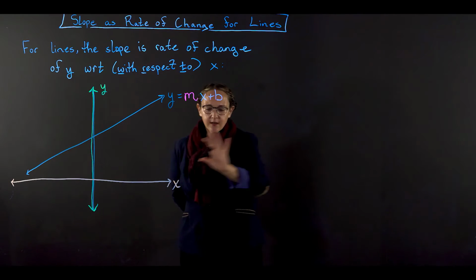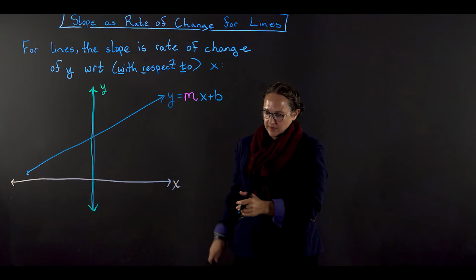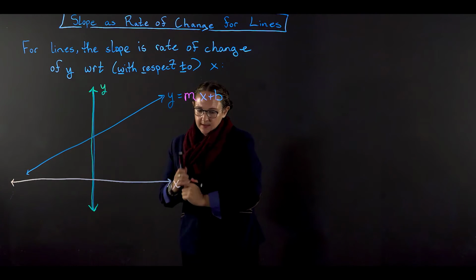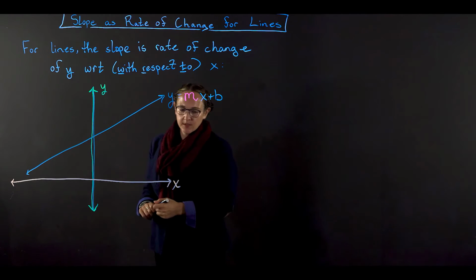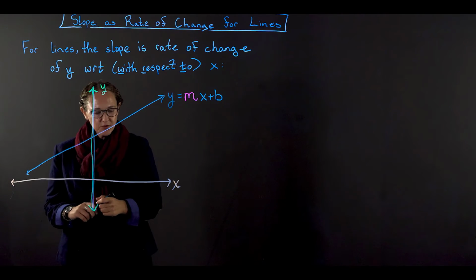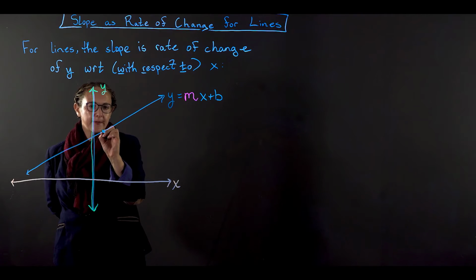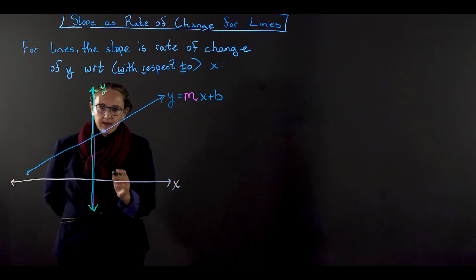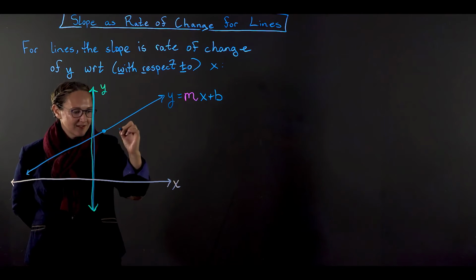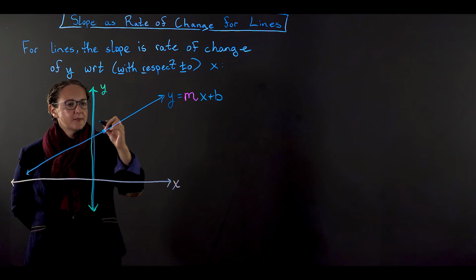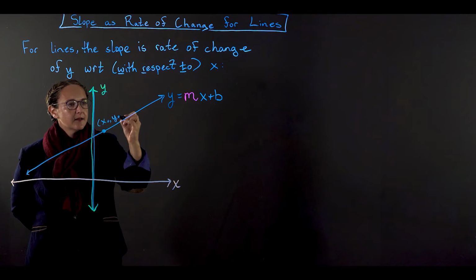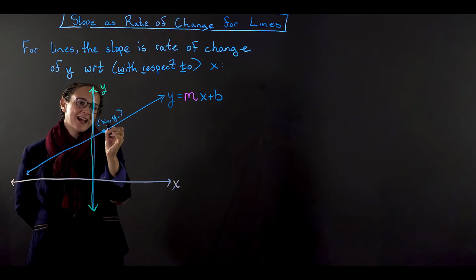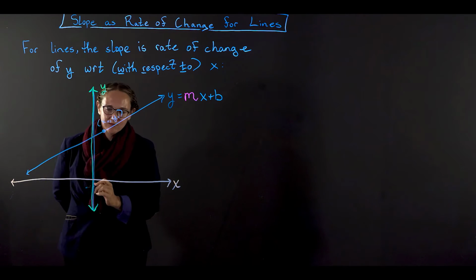Okay, so what are the different ways to interpret what's going on with that? Well, say that we have 2 points on this line. So I'm going to look at 2 points here. The first point I'm going to look at is the point (x naught, y naught). We say x naught when we put a little 0 there, just as our index.